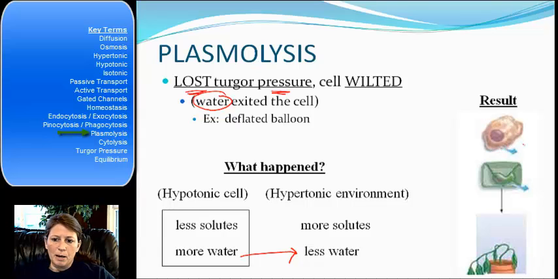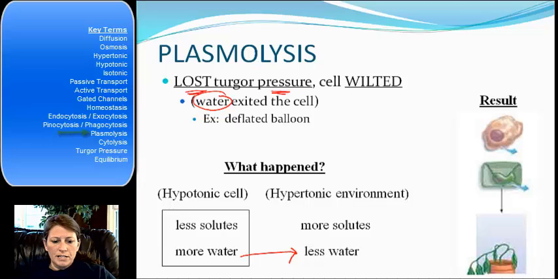If I go back to my popcorn example, our cells will shrivel up, and that's why you get thirsty. Now for a plant cell, notice it keeps its basic shape, but inside the vacuole is going to decrease, and that's going to make the wall not as rigid, and my plant will wilt.